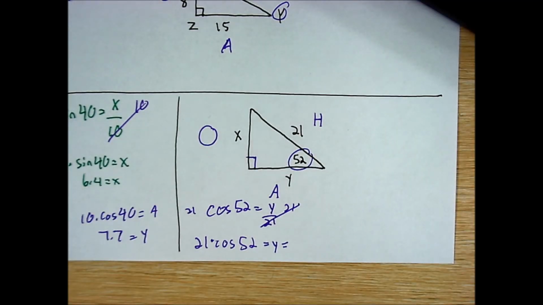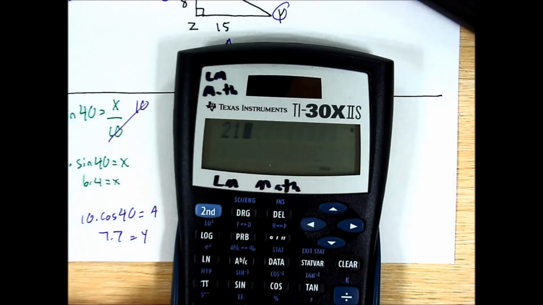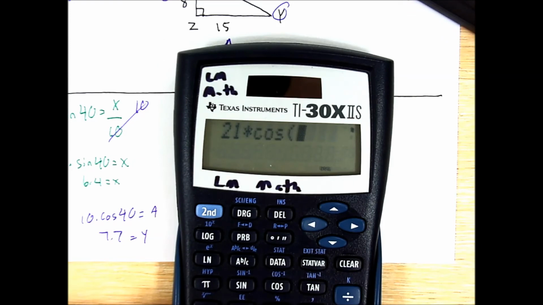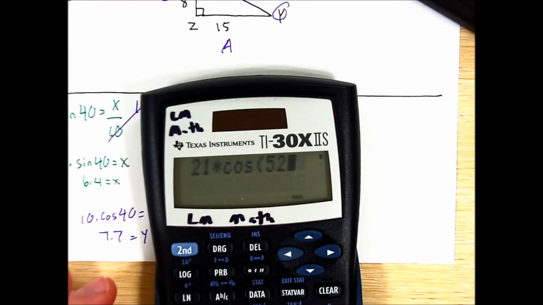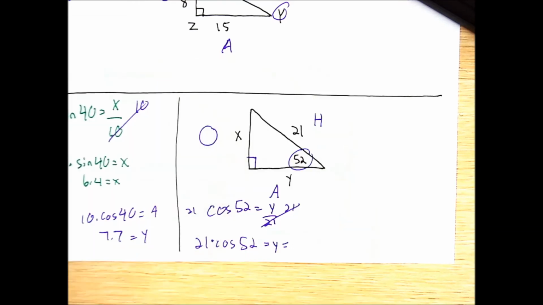Let's type that in. 21 times cosine of 52 degrees, and we'll have 12.9.